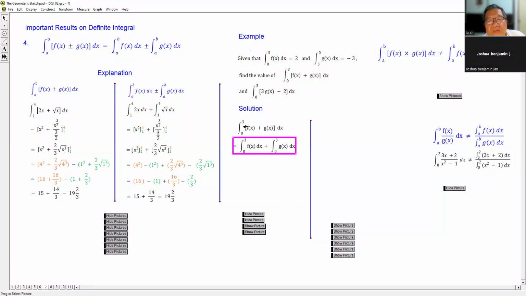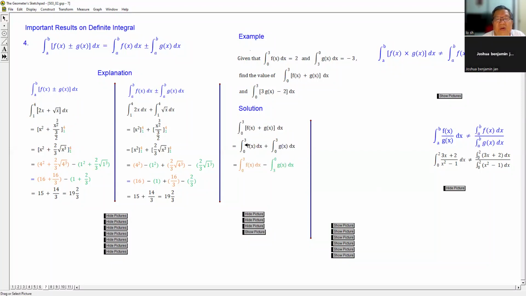So integrate from 0 to 3 f(x) and integrate from 0 to 3 g(x). You can actually separate this into two definite integrals, but they must have the same upper and lower limit. Cannot be reversed, cannot be different numbers. Okay. So next one.